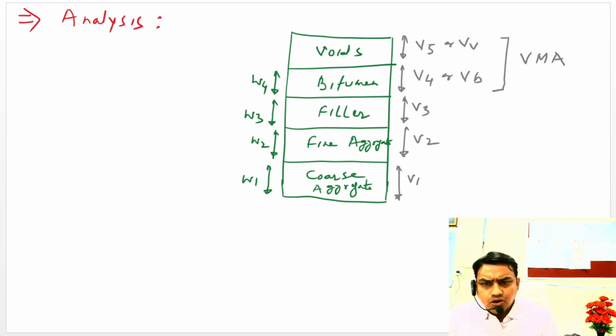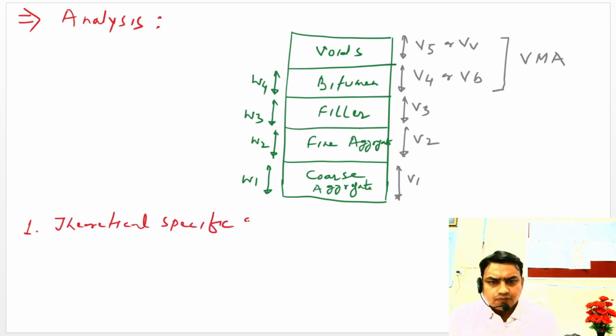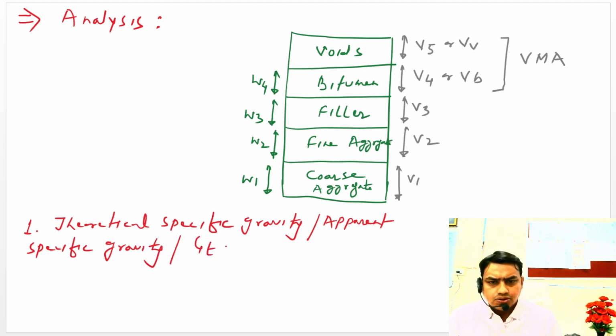So the first term I am going to discuss is theoretical specific gravity. Theoretical specific gravity is also called apparent specific gravity, denoted by GT.